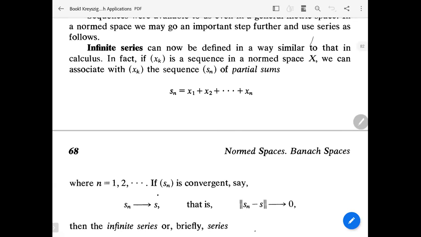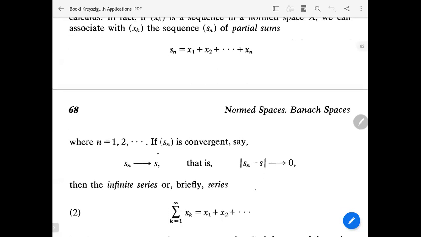So if x_k is a sequence in a norm space, we can associate a partial sum. So S_n equals x_1 plus x_2 up to x_n. Partial sum: if you add one term of the sequence, that is S_1. If you add the first two terms, that is S_2. The sum of the first n terms is S_n. It is a sequence of partial sums. We know what it means by convergence of a sequence in a norm space. S_n is a sequence.